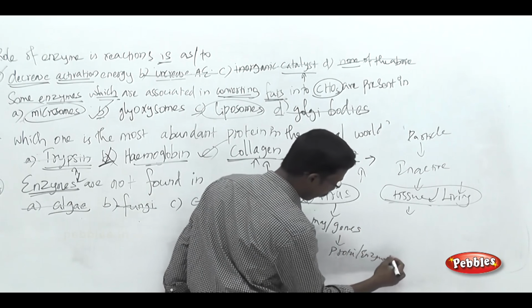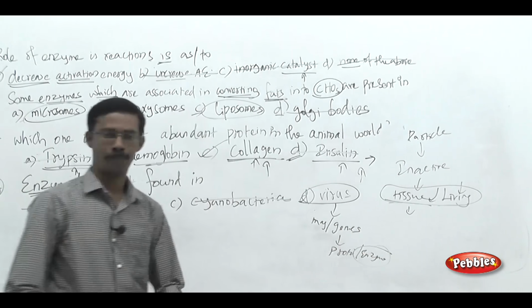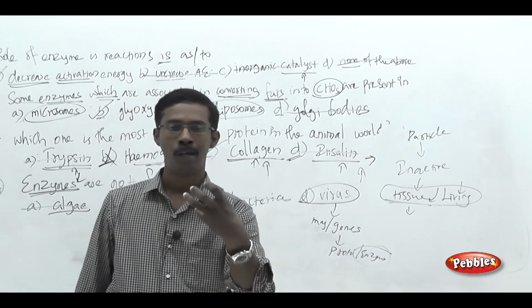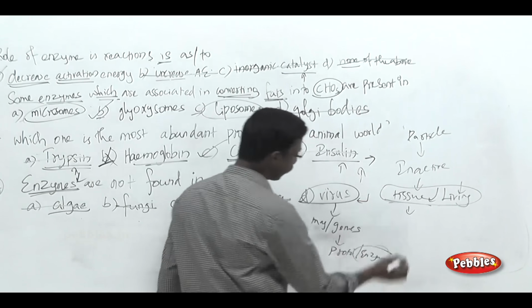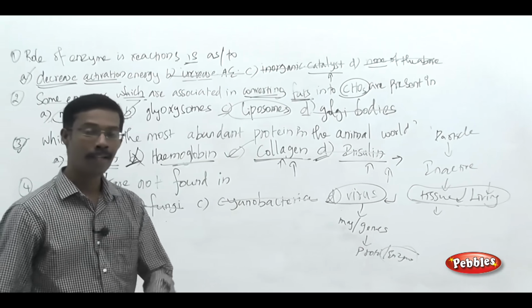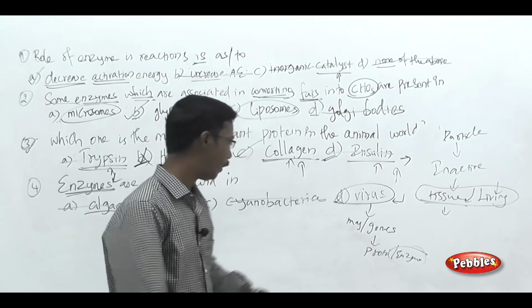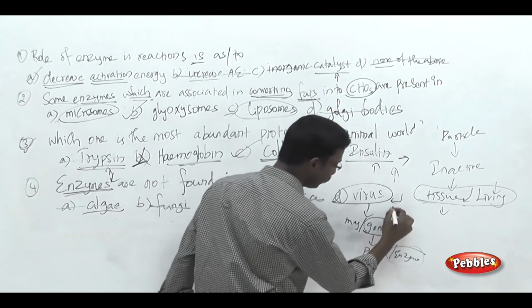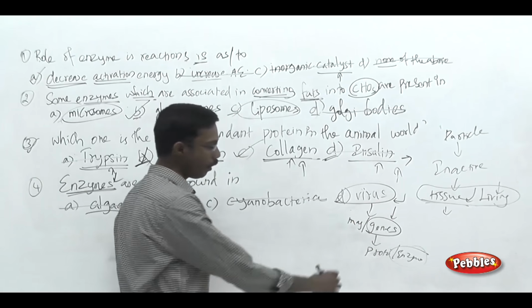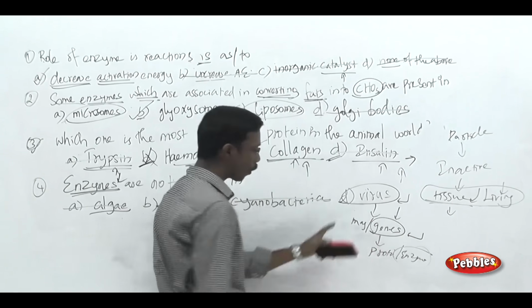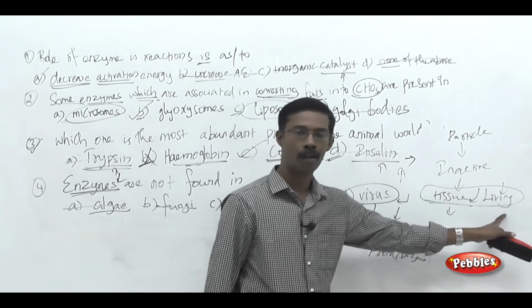enzymes, but as a structure within a virus there will be no enzyme. That is what you have to remember. In a virus, there are no enzymes, but they may have the particular genes for the synthesis of the viral enzymes. Okay. So the synthesis will happen once the virus infects the particular living cells.